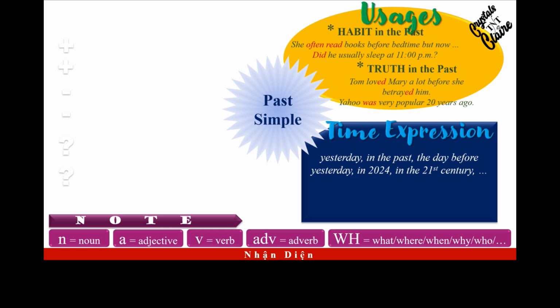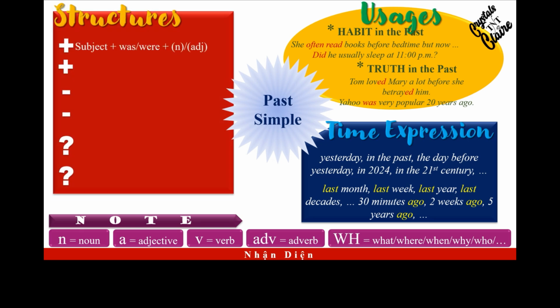Yes, the next century is 22nd. So you know how we should use past simple. Last month, last week, last year, last decades, or ago, 30 minutes ago, 2 weeks ago, 5 years ago. Okay, ago, or last. You use past simple.